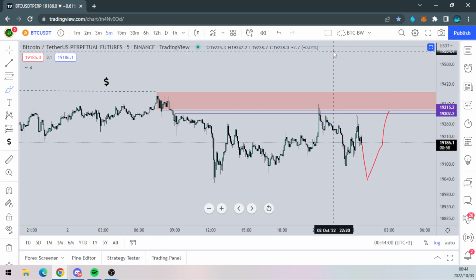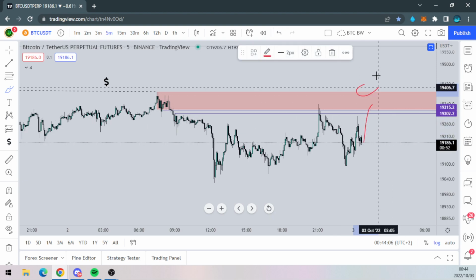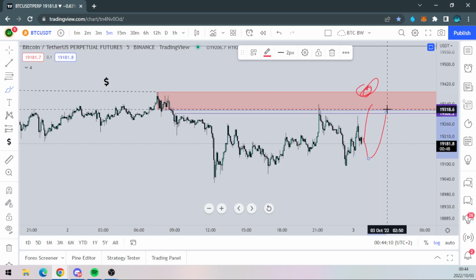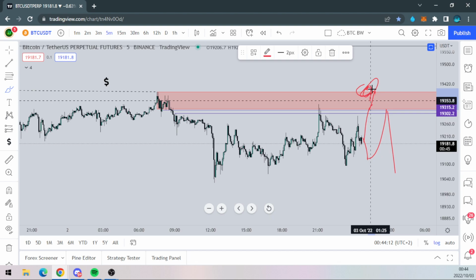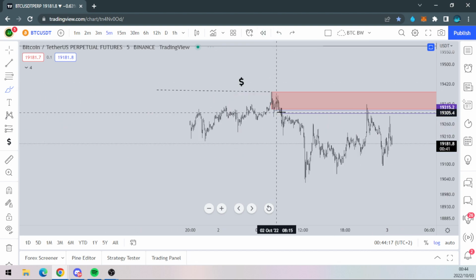But if not, if we start to move further up, then we'll look to take some more liquidity here, because we're failing to break down here. So we could come back up here and move down, or we could come back, take the liquidity here, and then move down.